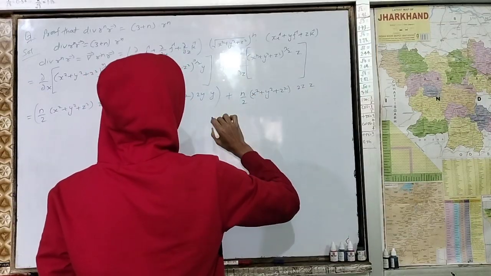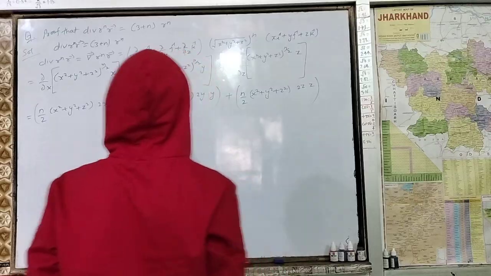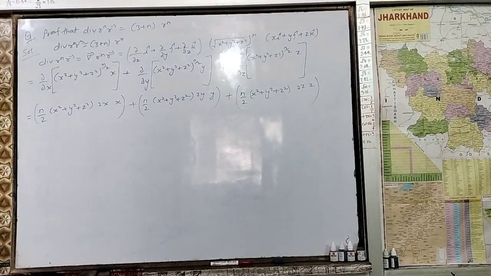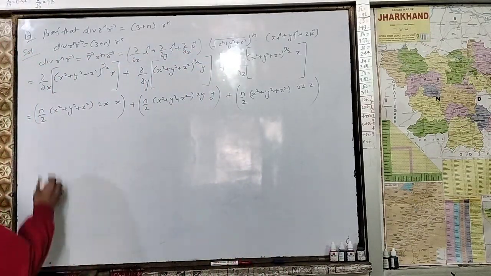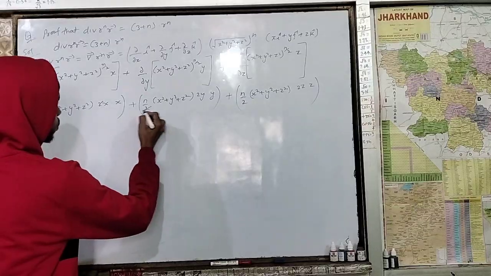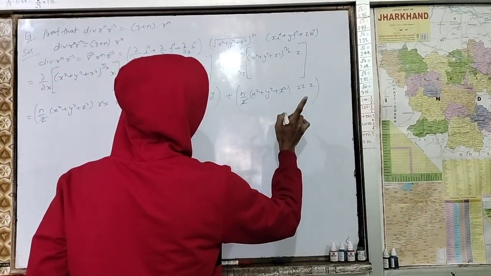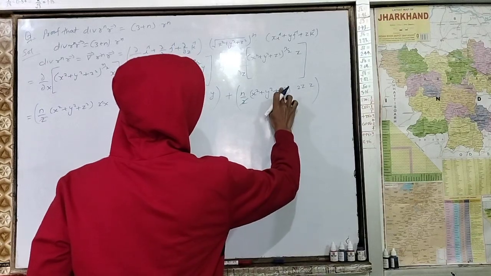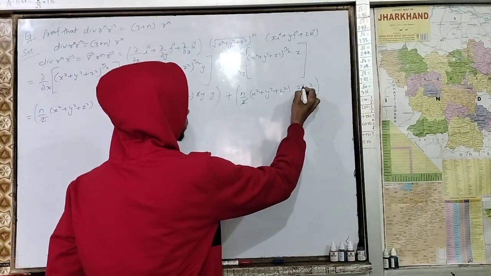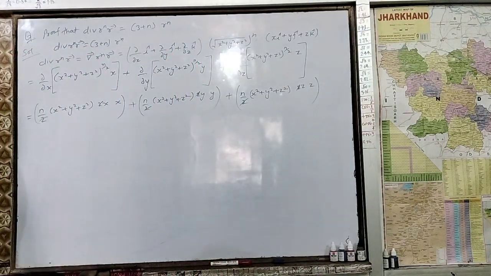This is our third term. This 2 is cancelling with that 2. This 2 is cancelling with that 2. This 2 is cancelling with that 2. Hold on. Not this. This is z square.